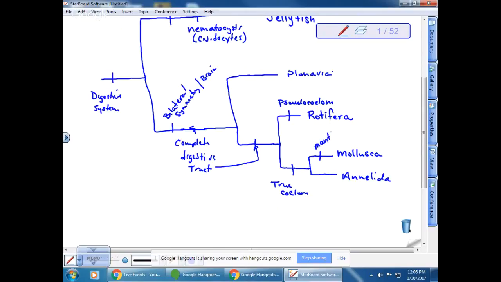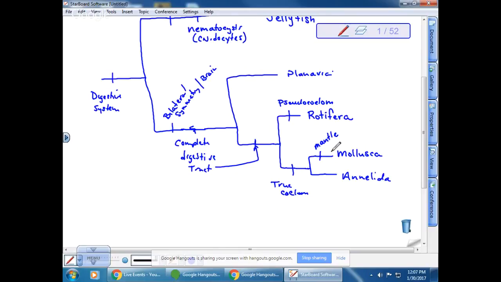The mantle is the tissue that secretes the shell. Some organisms use mollusk shells, like some crabs actually use discarded seashells to create a little house for themselves, right? But these guys have a mantle and they can secrete a shell.